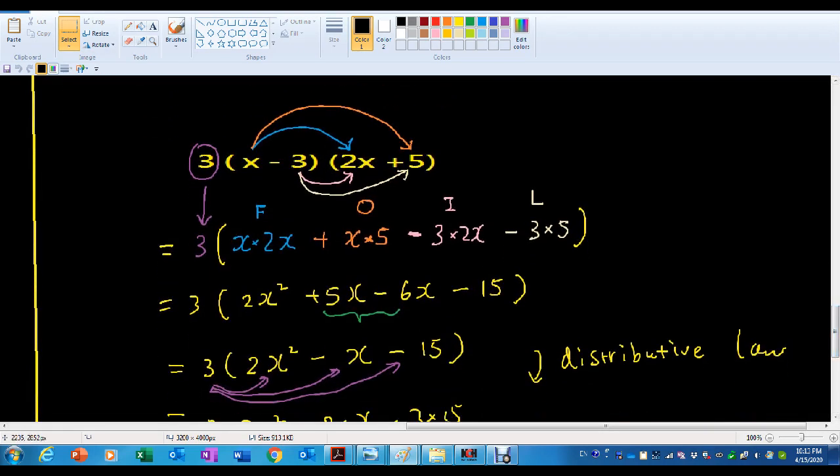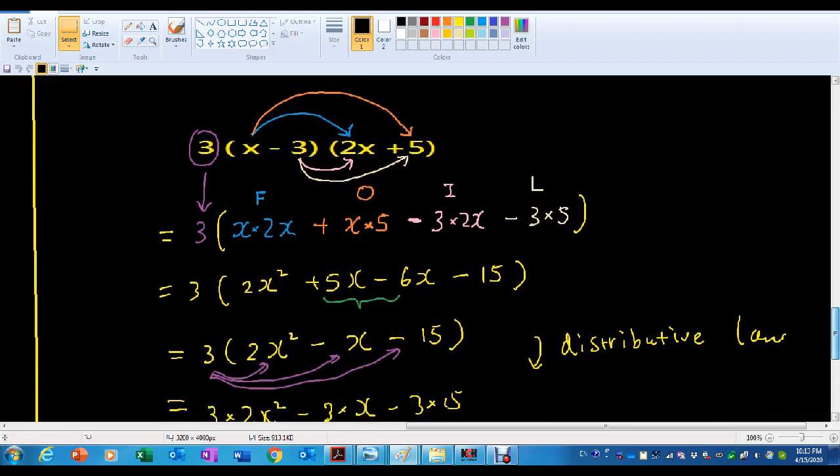How do we solve it? We apply the FOIL for the two binomials and we leave that 3 outside. That 3 has nothing to do, it just stands outside. After you expand it, you need to have a pair of brackets.